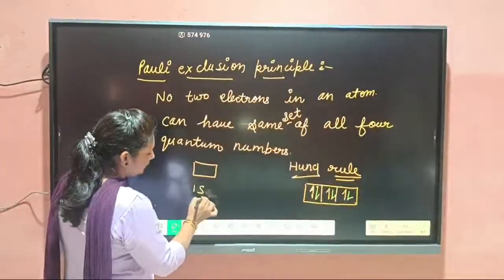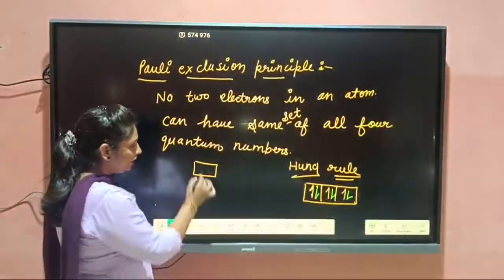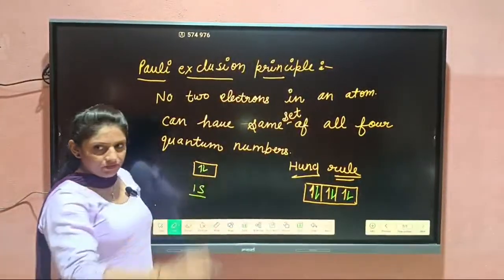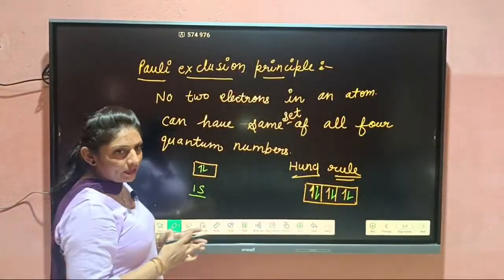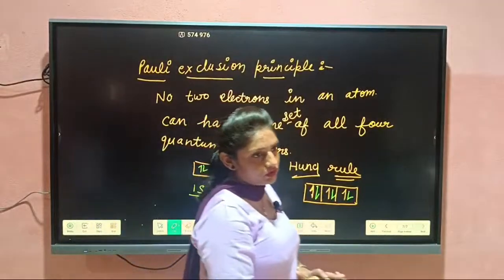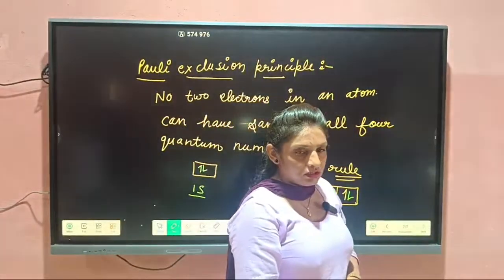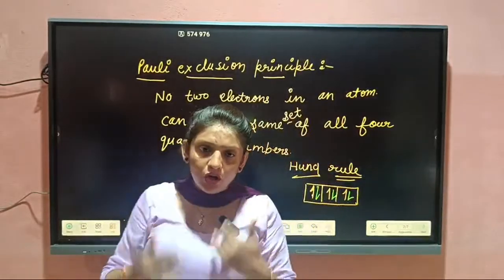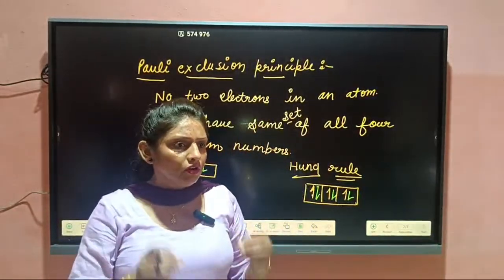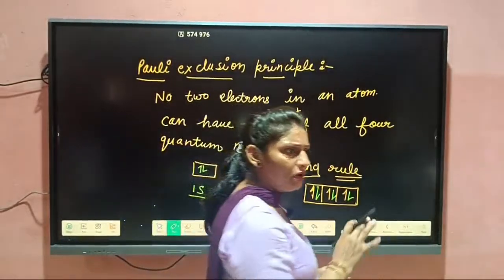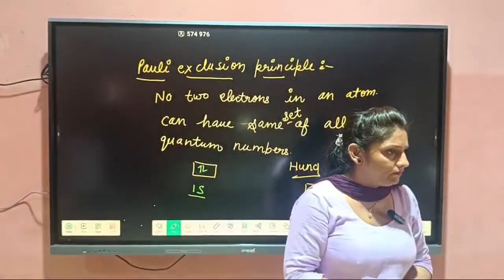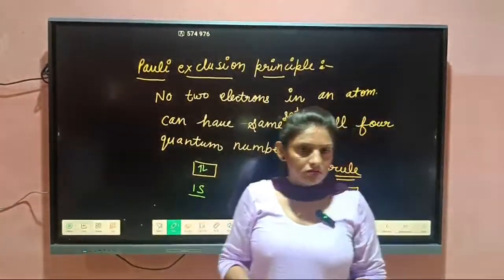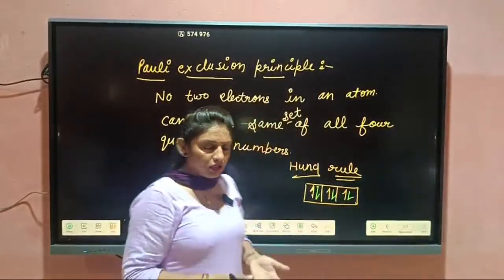Let us consider it is 1s. There are two electrons. It is completely filled. And we want to calculate all quantum numbers for this. So three quantum number values may be the same, but all four values for two electrons will not be the same at any time. This is the rule. Clear or not?